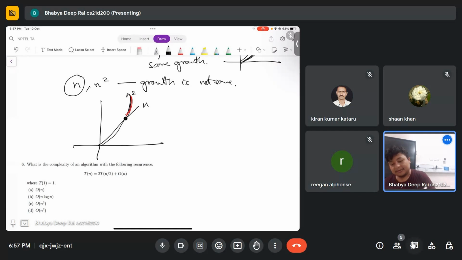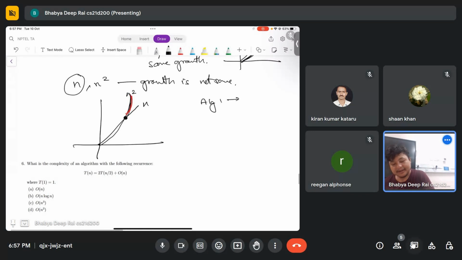So if algorithm 1 takes, let's say, 3n time, then it is of order O of n. We remove the constant for it. That is what we said; I'm just giving you a slight recap.